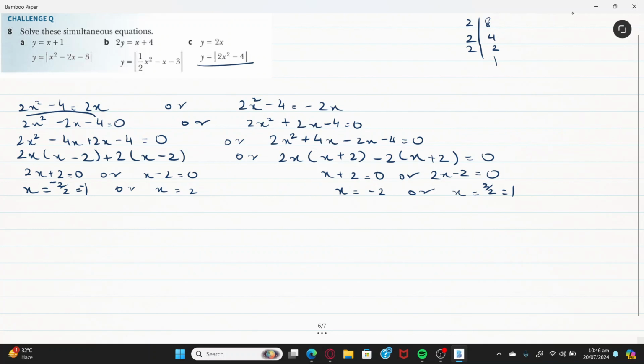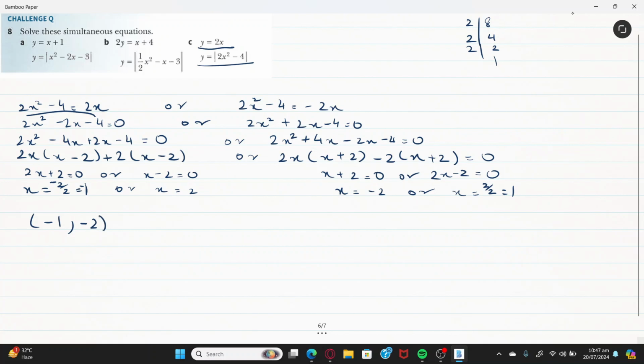What we're going to do is take the corresponding y value step by step. So for the first x value, we have negative 1. What's the y value? y is equal to 2 multiplied by x. So 2 multiplied by negative 1 is going to be negative 2.